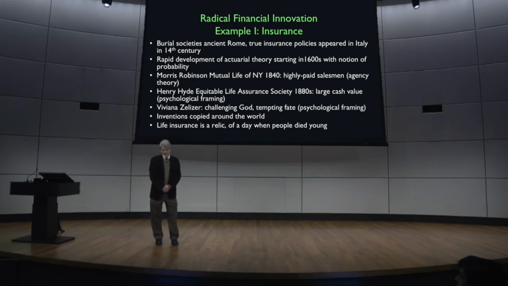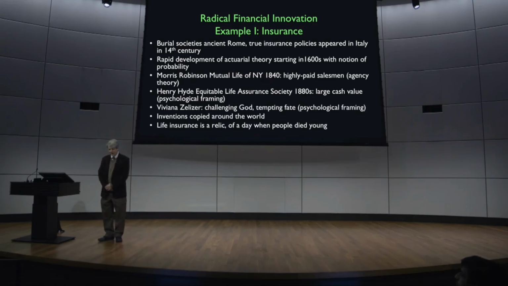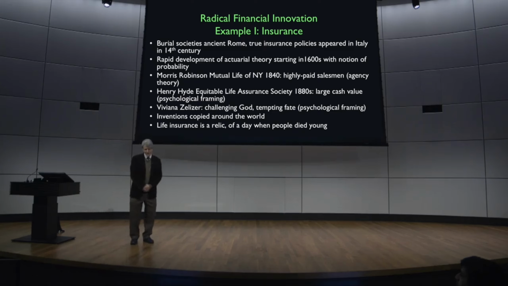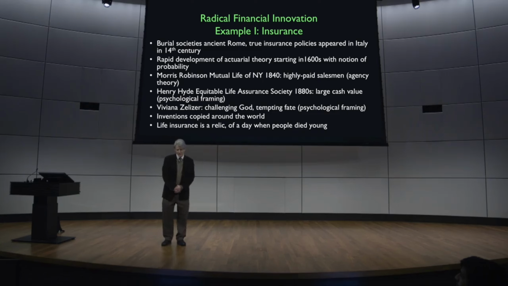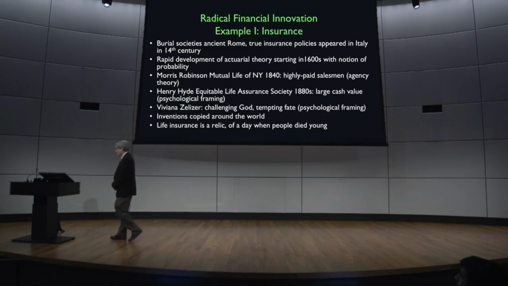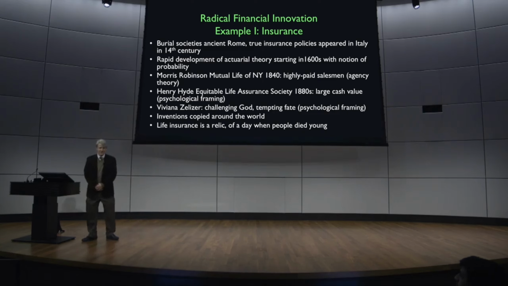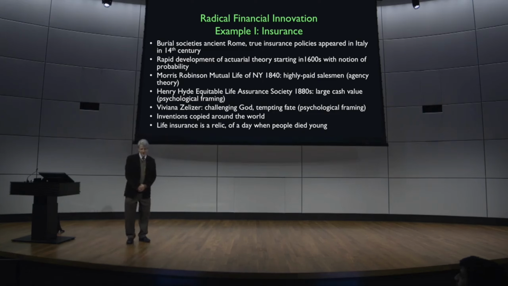Viviana Zelizer, who is a sociologist at Princeton, did a big study of how insurance was marketed in the 19th century. She said that, talking particularly about life insurance, women were the main beneficiaries because men were the breadwinners, out earning an income, and they tended to die young in those days.